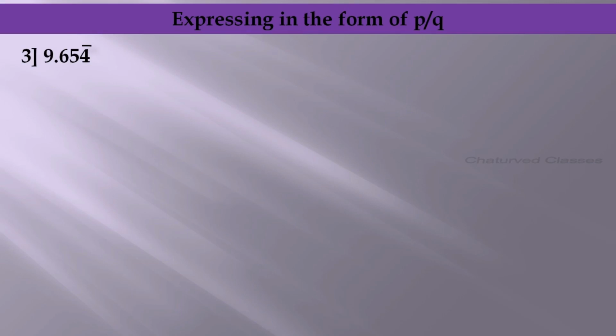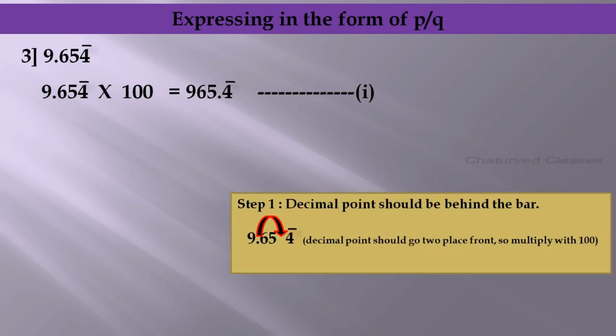9.654 bar. The bar is on 4. As you know, step 1 is that the decimal point should be behind the bar. Here the decimal point should go two places front, so multiply with 100. When you multiply with 100, it gives 965.4 bar and you call it equation number 1.